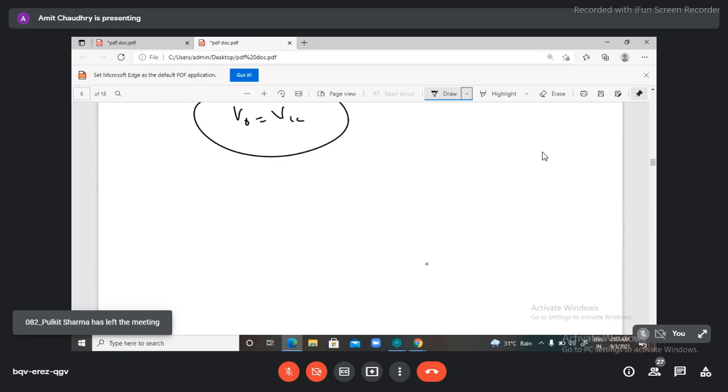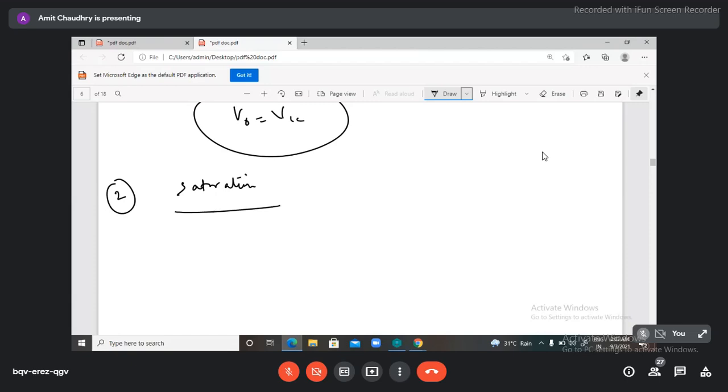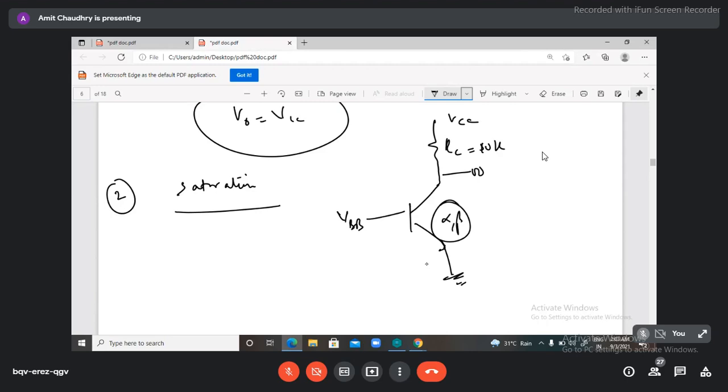Number 2 जो है point, that is saturation. Now saturation में क्या होता है, V0 is equal to 0.